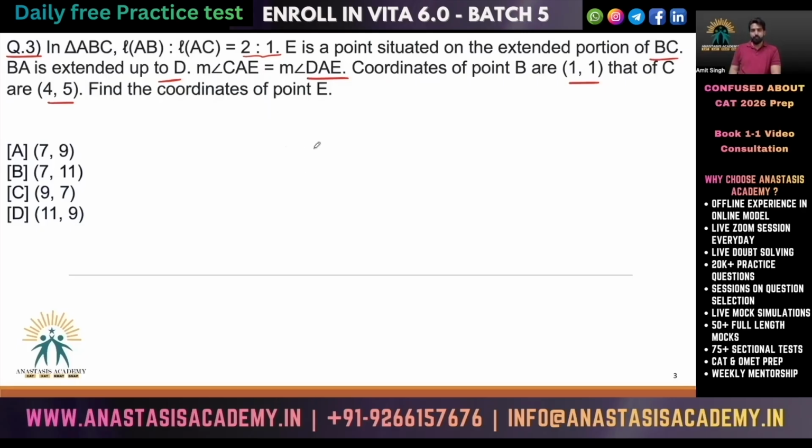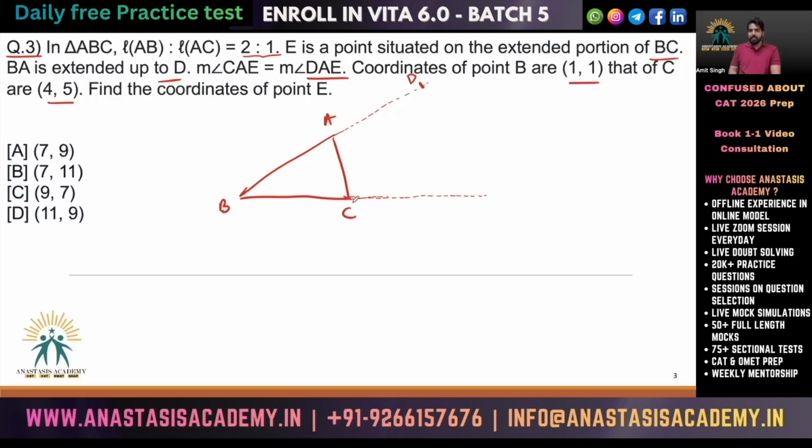Okay, so let's say this is AB, and this is the triangle. This is A, this is B, and this is C. BC is extended, right? And BA is also extended till D. And the external angle bisector of this angle, that is DAC, sorry, DAE, right?